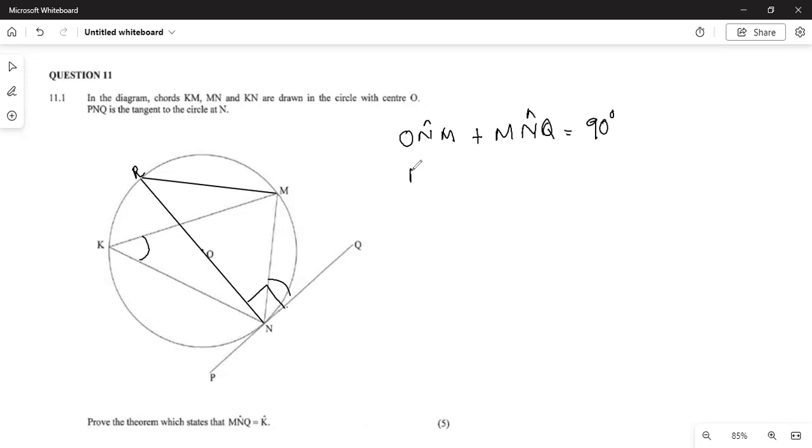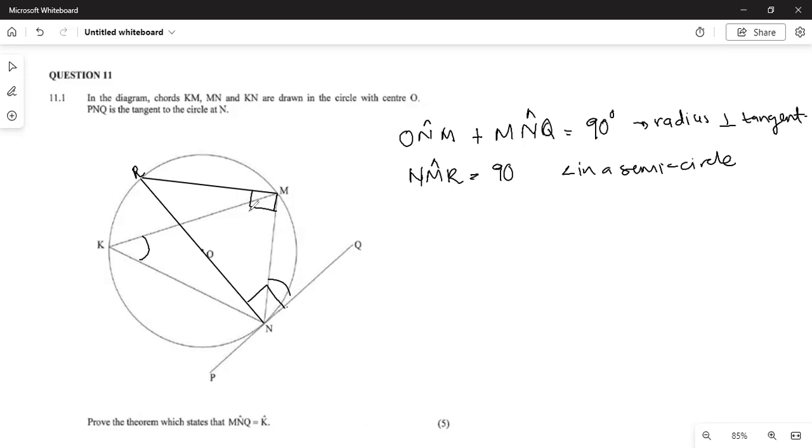We also know that angle R is equal to 90, and the reason being is that this is an angle in a semicircle. And that's going to be because the radius is always perpendicular to the tangent.